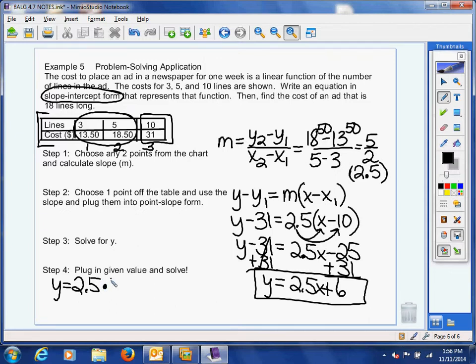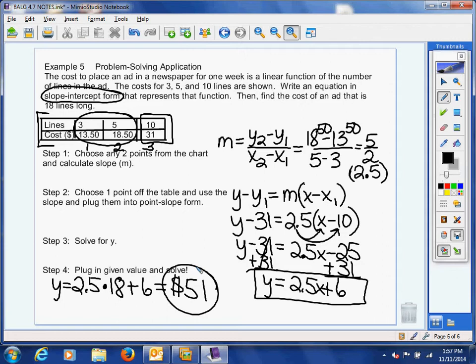So you're going to plug 18 where the x is and then add 6. So get your calculators out. Let's practice this together. Punch in 2.5 times 18 plus 6. Your calculator will follow order of operations, and you will see that this ad is going to cost $51.